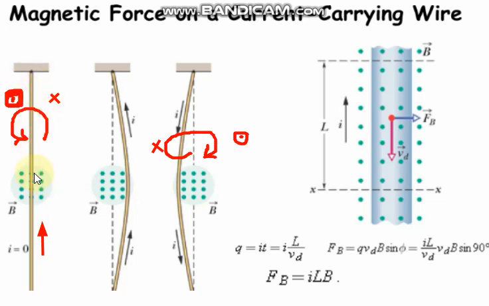One magnetic field is this one, which is the applied or external magnetic field B, in which this conductor is placed. The other magnetic field is produced by the current flowing in the wire, and the direction of that magnetic field B is obtained if you hold this wire in your right hand such that the thumb indicates the direction of current.